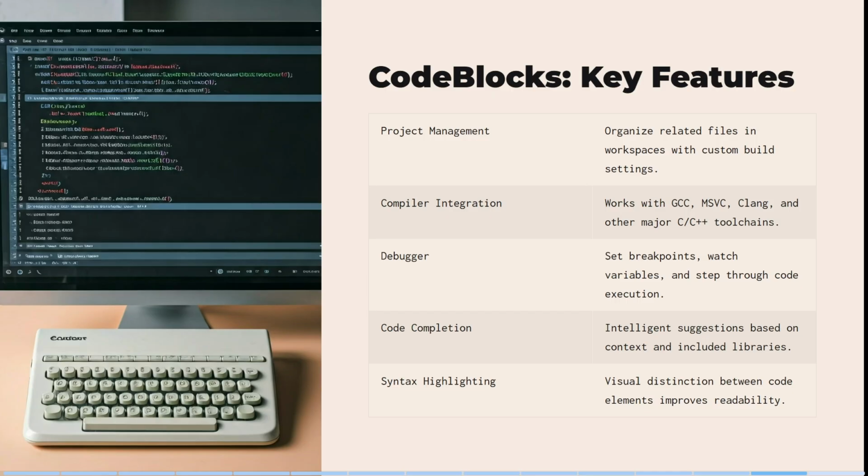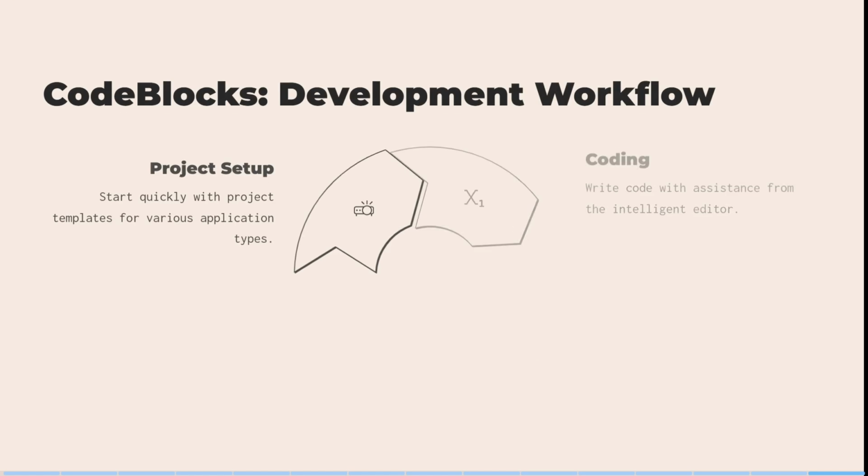You can work with GCC, MSVC, Clang, and other major C and C++ toolchains. You can set breakpoints, watch variables, and step through code execution. It has intelligent suggestions based on context as well as included libraries. And there's visual distinction between code elements, which improves readability.